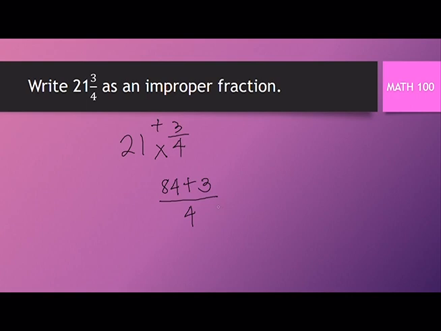Now 84 plus 3 is equal to 87 over 4. If you wanted to recheck that one, you can do it by simply dividing it back, and then you will be coming up with the 21 and 3/4 in there. Okay? So I hope that works fine with you. So this is your result.